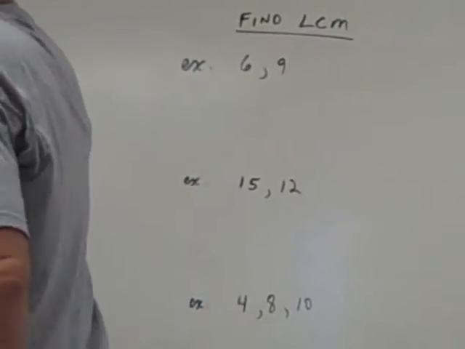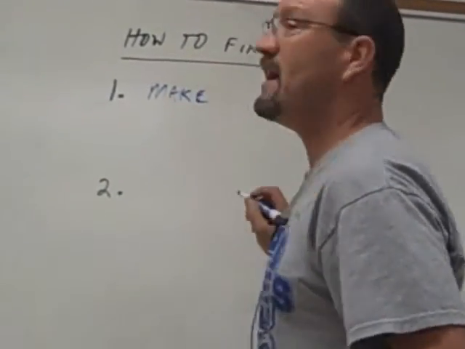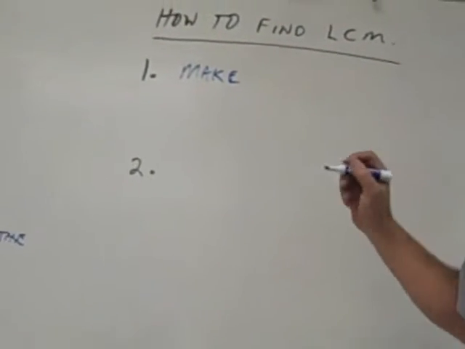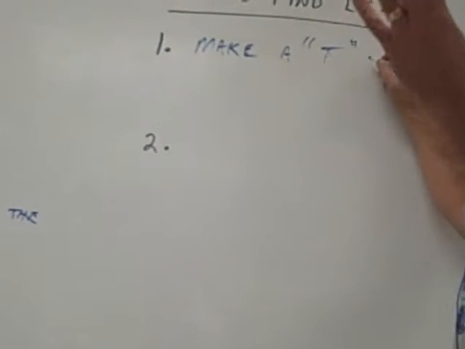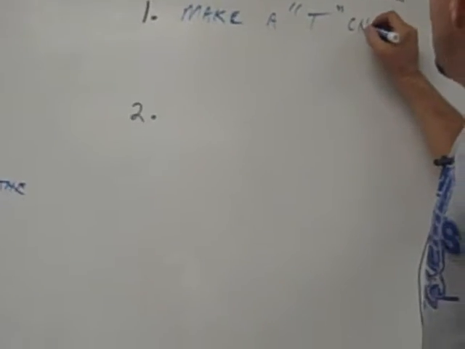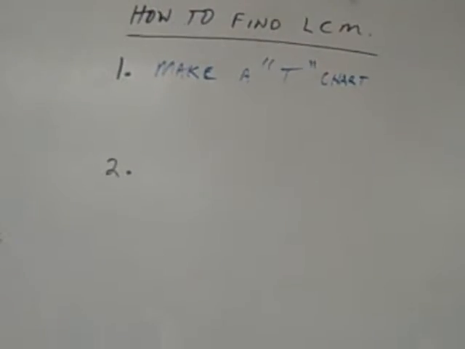Okay, so how do we do this? Well, last week what did we do with factoring, or greatest common factor? Make a sideways, horizontal T-chart. I don't like them up and down because it wastes a lot of paper. Let's go sideways and save paper.